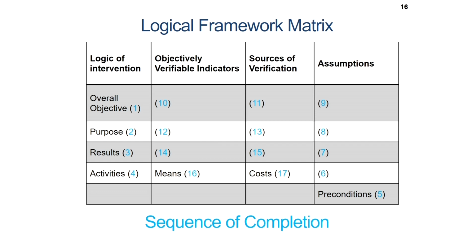So, the sequence is we begin with overall objective, purpose, results, activities, go on to the preconditions, then the assumptions, then coming to objectively verifiable indicators, sources of verification and so on, ending with let us say means and costs. We will come to each of these columns in the next slides.